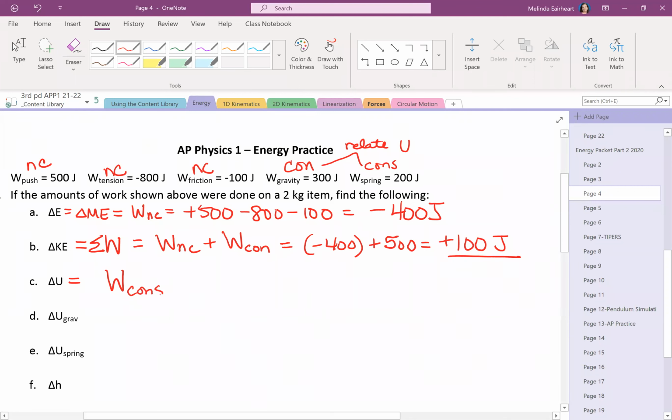Conservative, and this one is the one, don't forget the negative sign, okay? Don't forget the negative sign. And so we've already said we have two conservative works up above. We already put them together. And so that negative is part of the equation. And then we would have 500 joules.